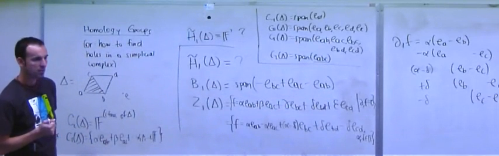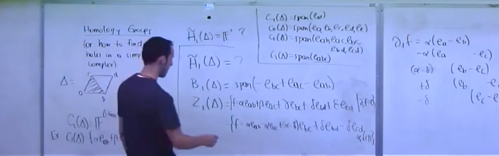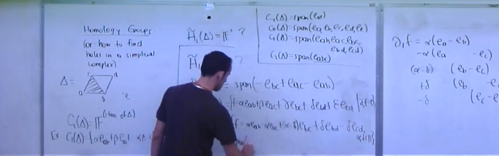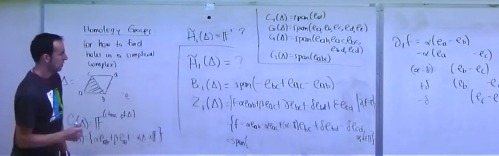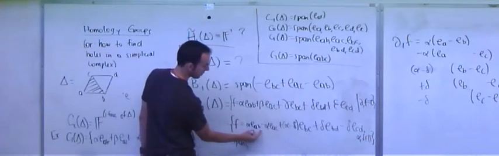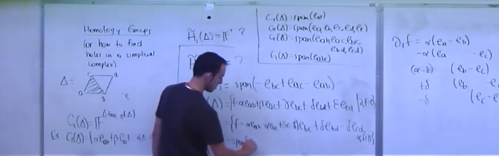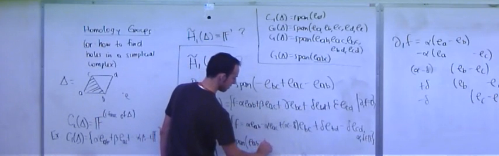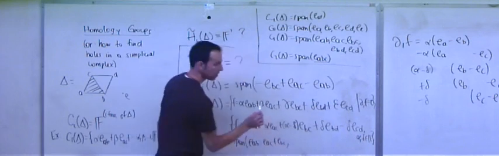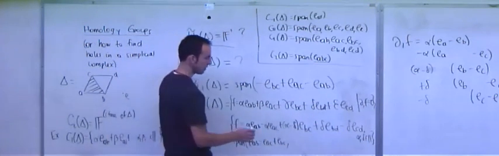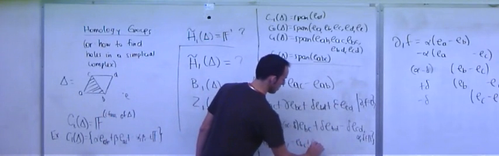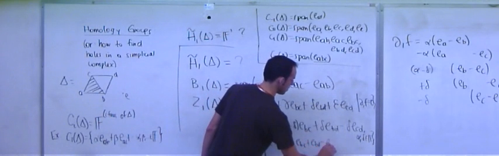I think this is going to be a little bit nicer if I write it as the span of something. What is this the span of? Well, what I have here is a combination of alpha times EAB minus EAC plus EBC, and then delta times minus EBC plus EBD minus ECD.